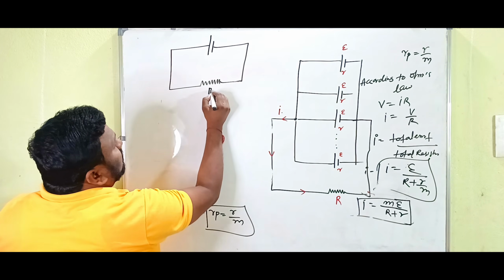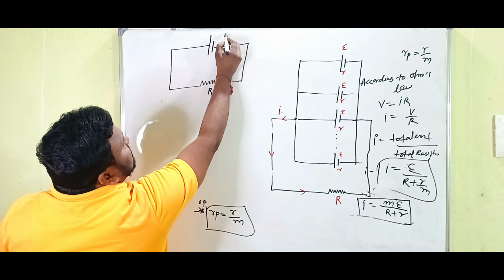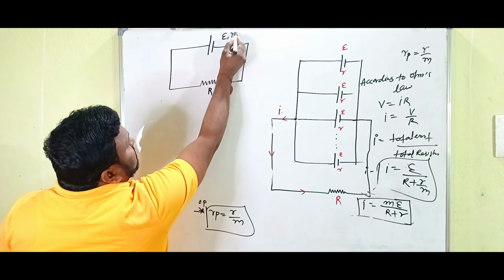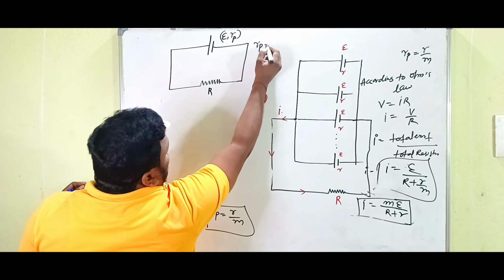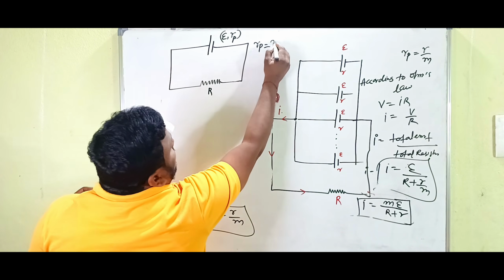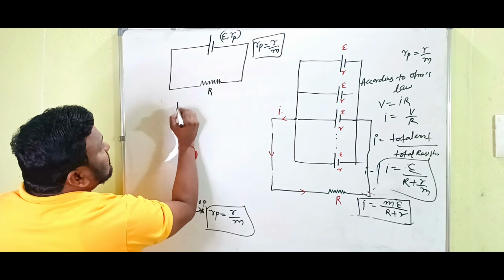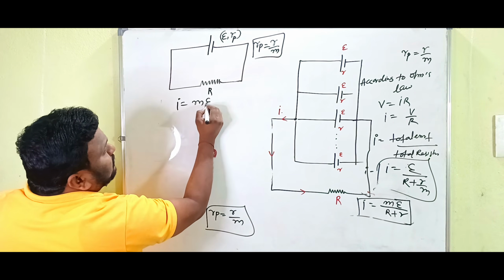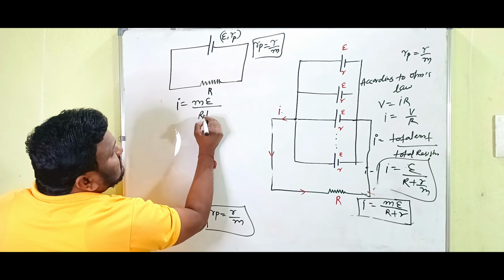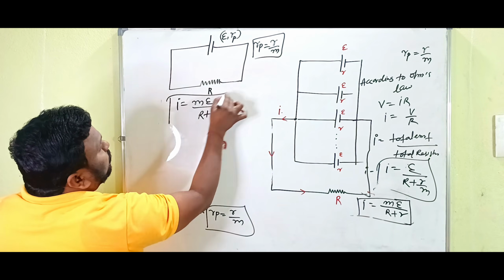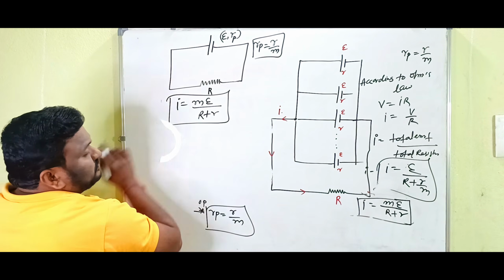This is the capital R, the total EMF is epsilon, and the effective resistance Rp is r by m. Then we write I is equal to m epsilon by mR plus r. We are getting the amount of current in the combination.